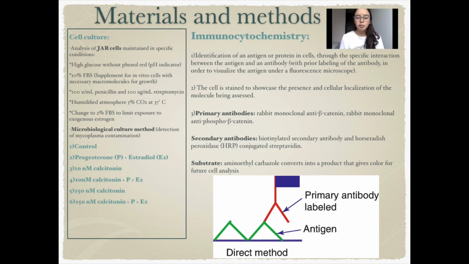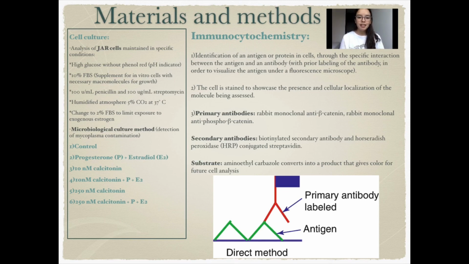Prior to the experiment, 24 hours before, they changed the percentage of fetal bovine serum to 2% so they could limit the exposure to exogenous estrogens. After the cell culture, they tested the cells for any bacterial contamination, and this tested negative.